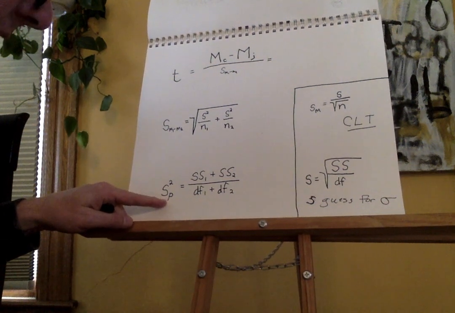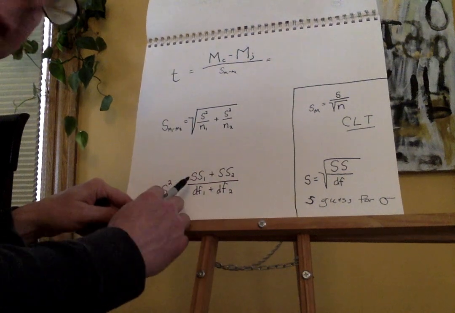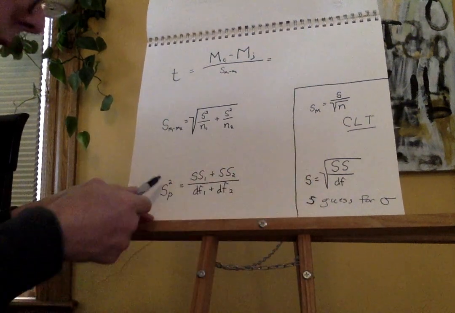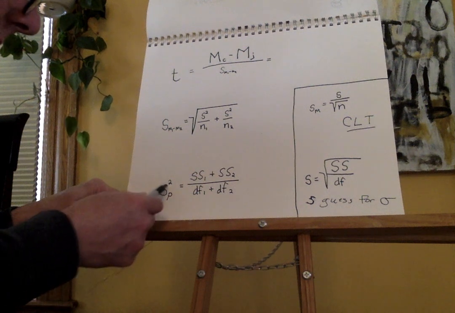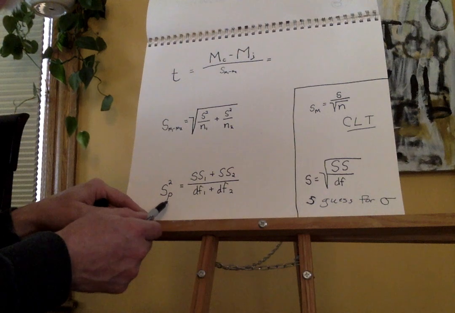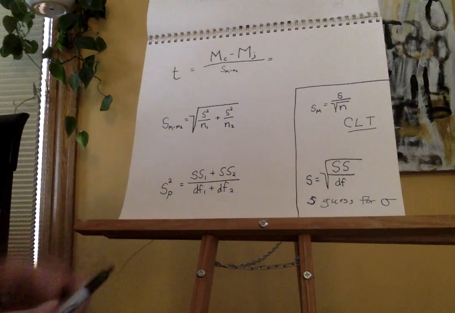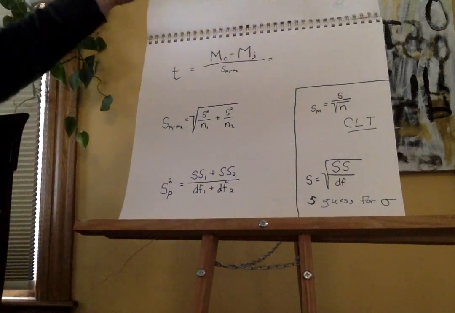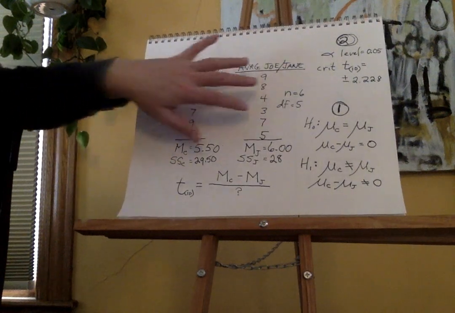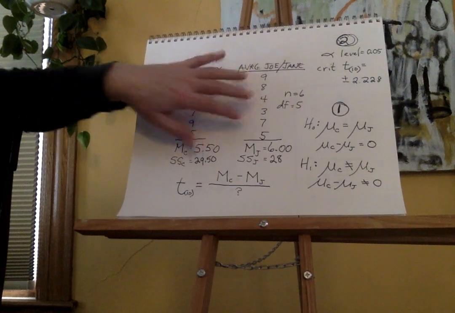This is pooled variability because we're pooling both of the groups together. And since we're not taking the square root, this is little s squared. This is just a subscript, okay? Pooled variability.